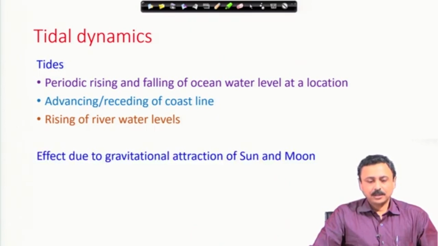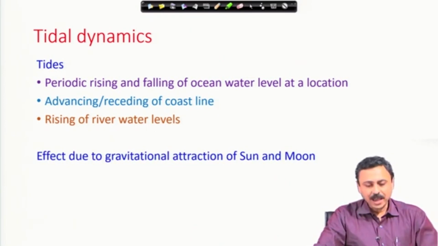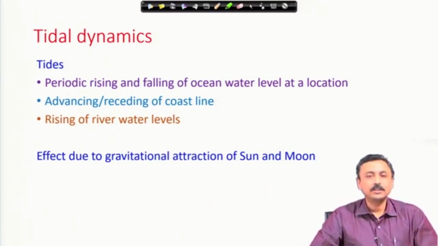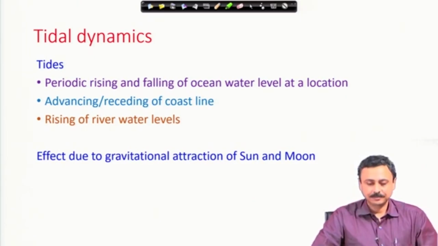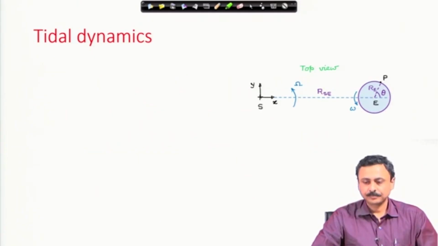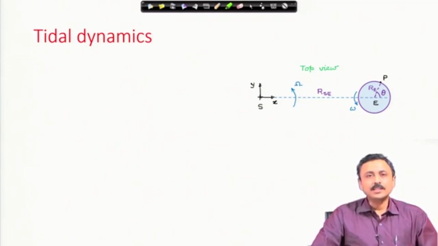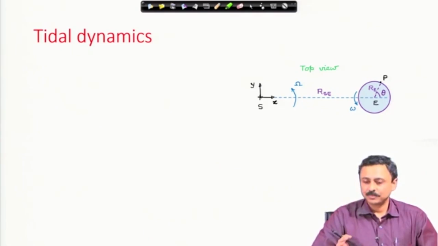Okay. Now, why do we have tides? We have tides essentially because of the gravitational attraction of the sun and the moon, and this is what we are going to analyze now. This is essentially a very complex problem, but we are going to simplify it by making some assumptions.